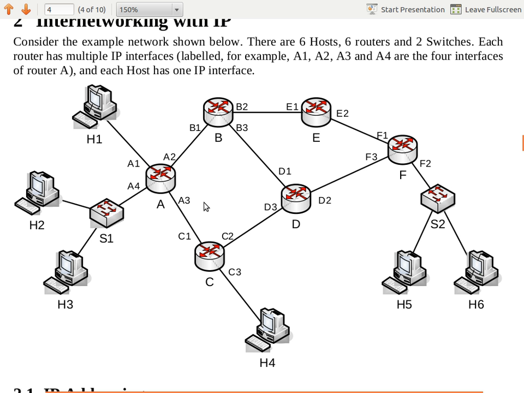What's the network address for this subnet? And I'll give it to you for the others, at least the ones I've used. Find the network address for network 4, which is the subnet that contains H5 and H6.